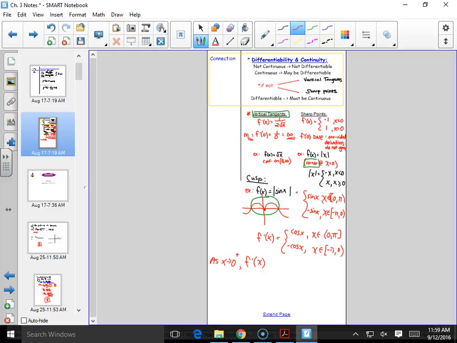I would plug in cosine of 0, and cosine of 0 is 1. And then as x approaches 0 from the left, f prime of x would equal negative 1, because negative cosine of 0. So once again, the one-sided limits, or I'll put in idea the one-sided derivatives, which are defined by limits, do not agree.